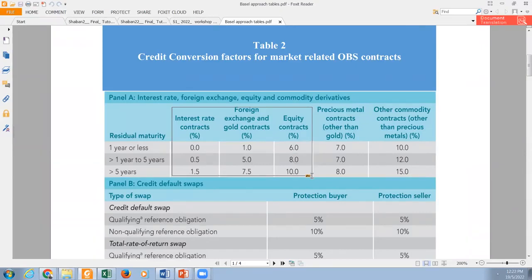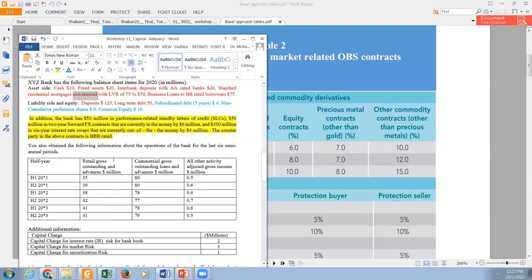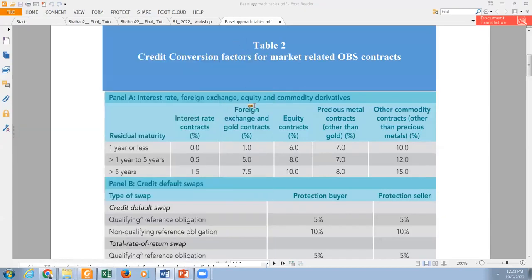Now, in these contracts, you have to understand something. You have to pick two things actually. The type of the contract and how many years. That's all. And take the rate. So this is for the derivatives, which is I have to use table 2.